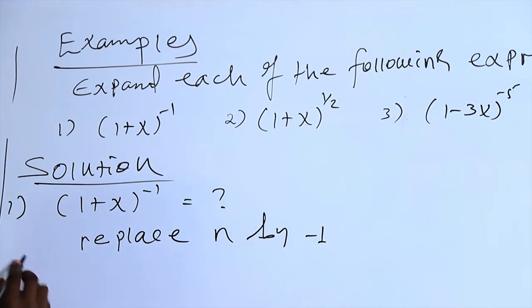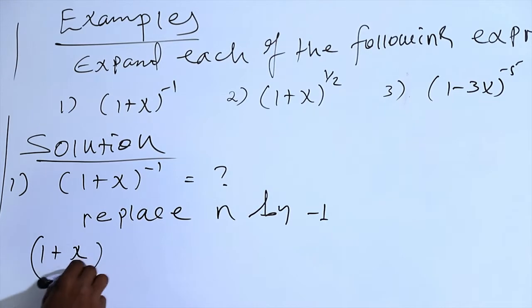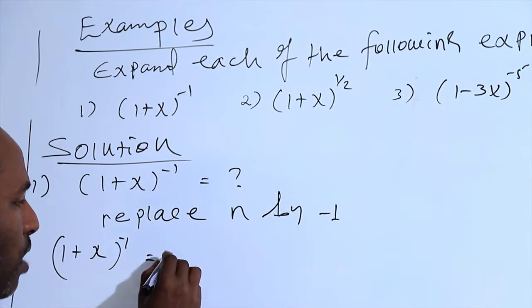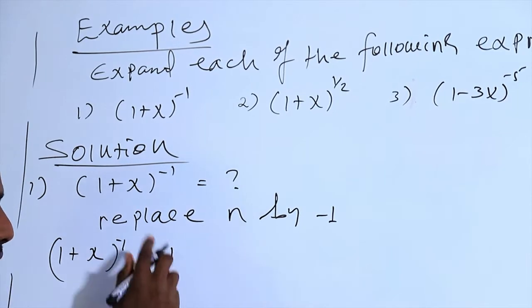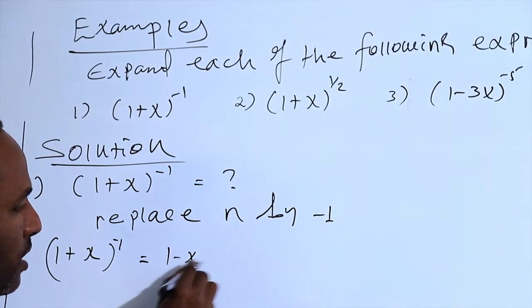Therefore, the expression says that 1 plus x to the power of minus 1 is exactly equal to 1, plus nx, but n is minus 1, so simply 1 minus x.